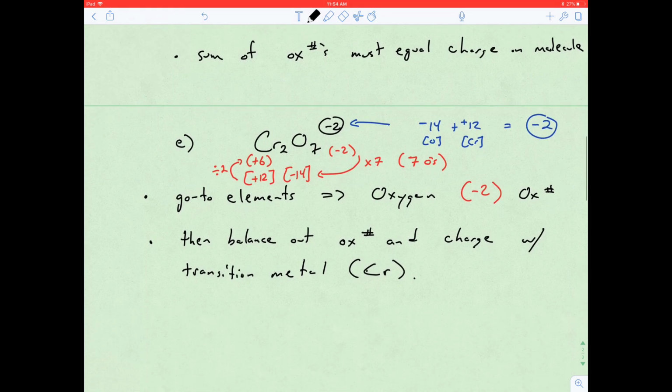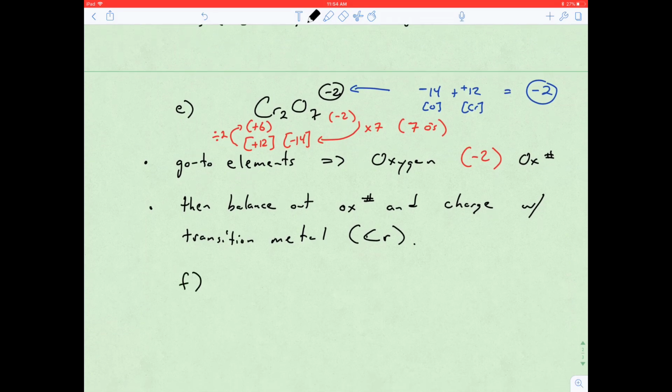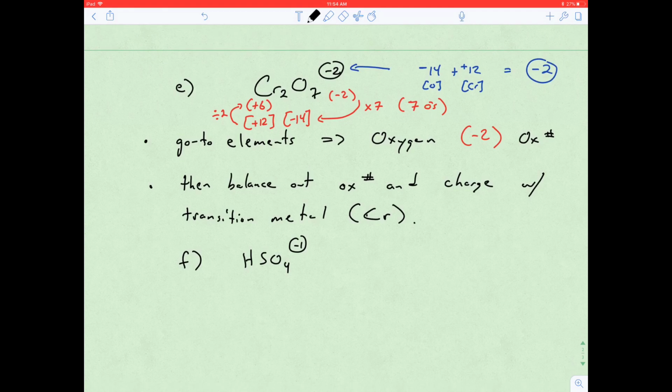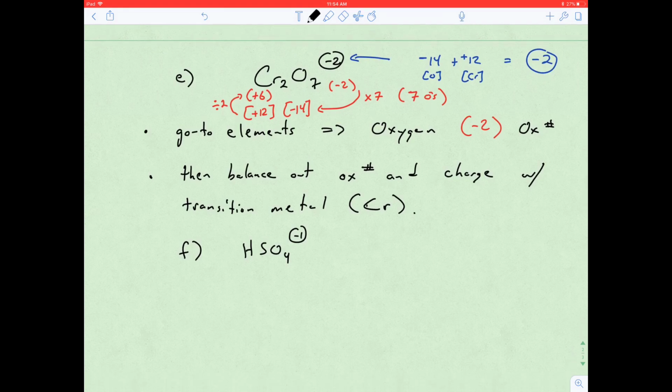The last part to this would be F, which looks at this sulfate-containing molecule, hydrogen sulfate here. And again, we're going to have those go-to elements that are going to help us by where they're placed on the periodic table.